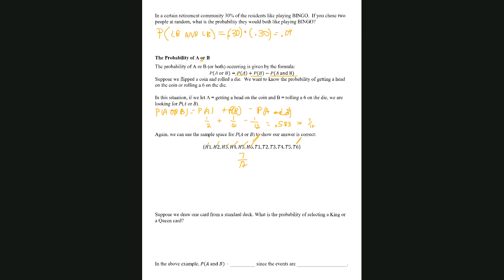All right, let's look at another example. It says, suppose we draw one card from a standard deck. What is the probability of selecting a king or a queen card? So we want the probability of selecting a king or a queen card.